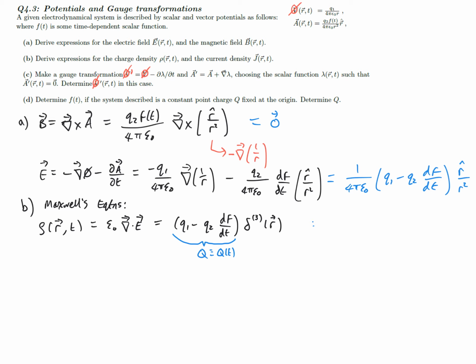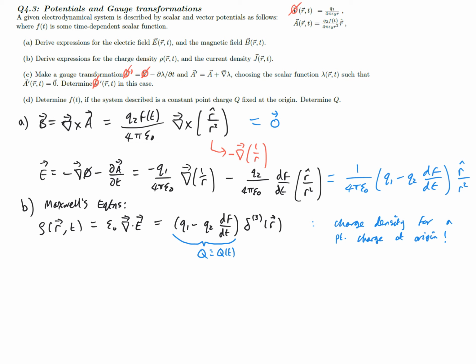This is the charge density for a point charge at the origin. And the point charge has a charge Q of t.